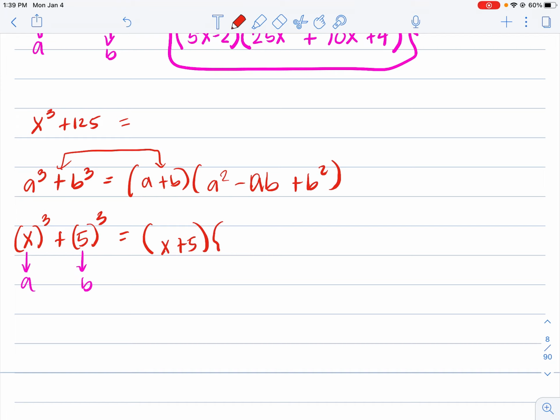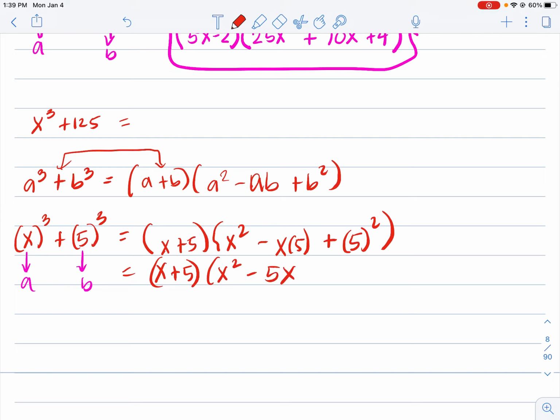So we have x plus 5, x squared minus x times 5 plus 5 squared. Altogether, you'll get x plus 5, x squared minus 5x plus 25. So the factored form of x cubed plus 125 is x plus 5, x squared minus 5x plus 25.